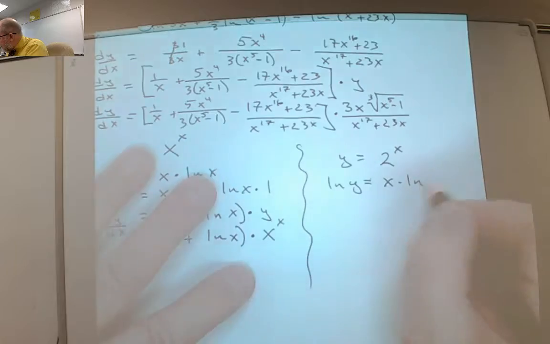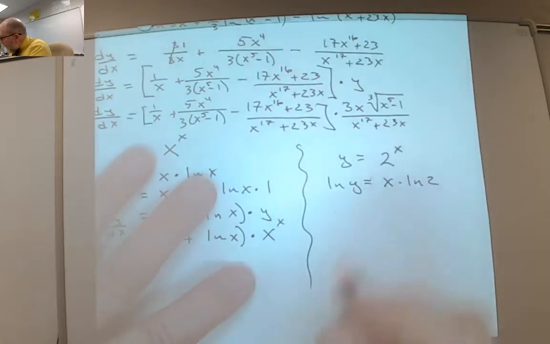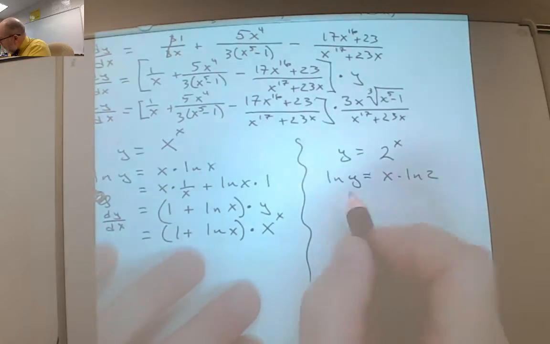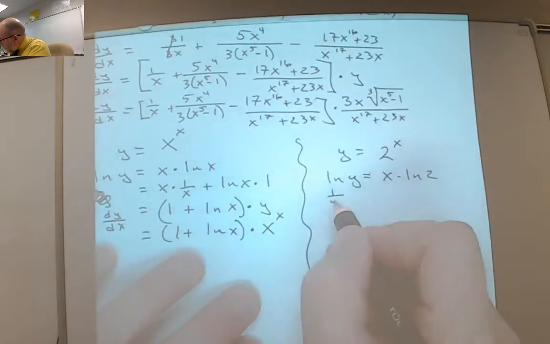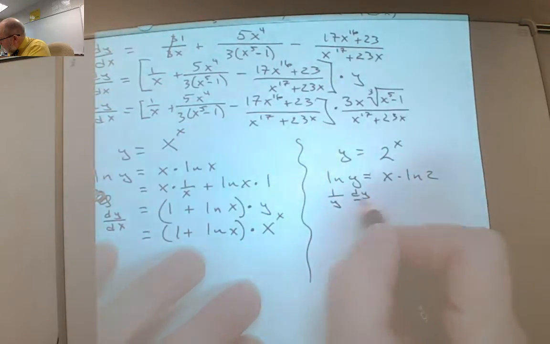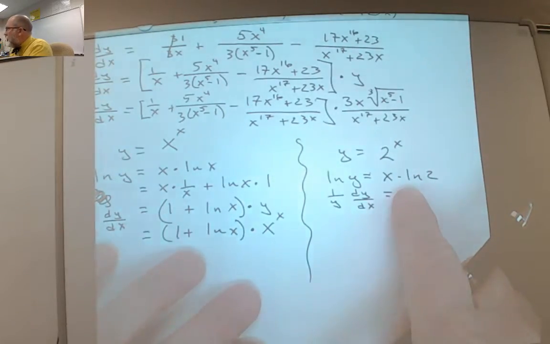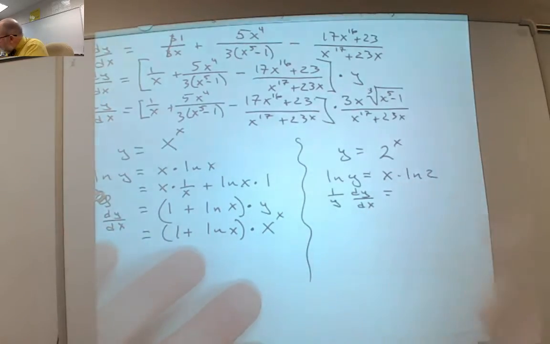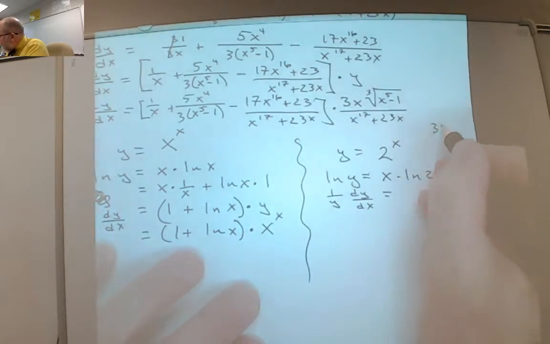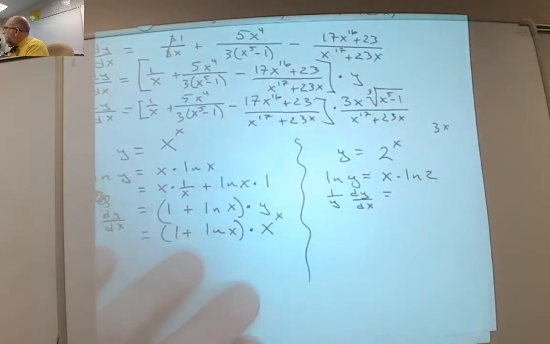Perfect. Okay, so now let's get back. What is this? 1 over y times dy dx. Do you know what this is right off the top of your head, or do you want me to give you a little hint? What's the derivative of 3x? 3.